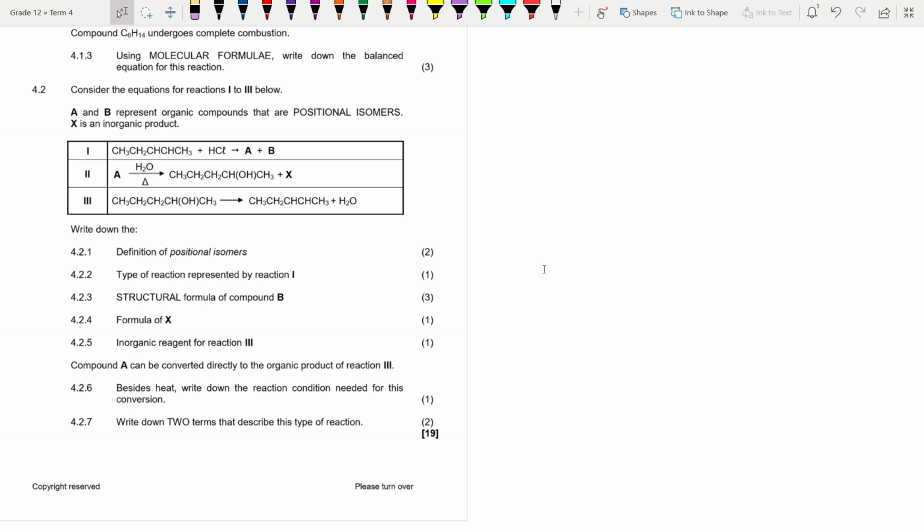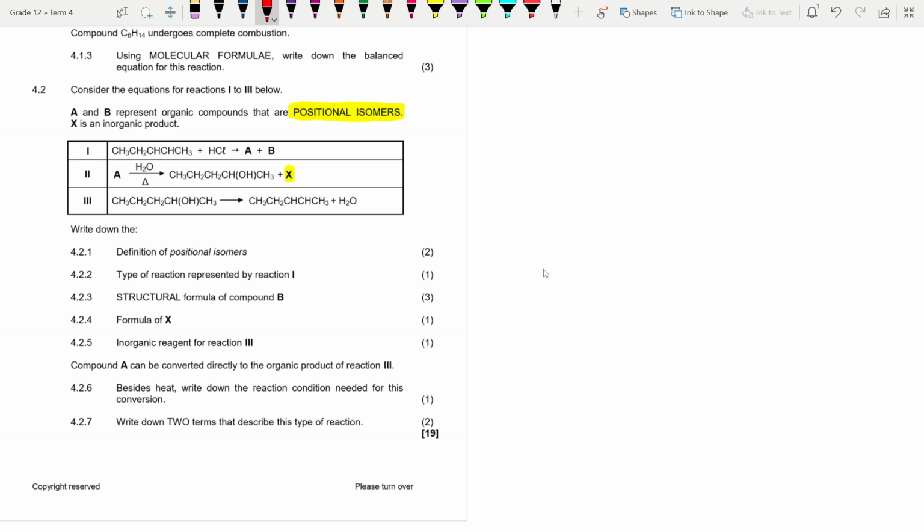But let's look at this one. Consider the equations for reactions 1 to 3 below. A and B represent organic compounds. Again, they give you these clues, Easter eggs, or whatever you call them. X is an inorganic compound or product. So this one is inorganic.